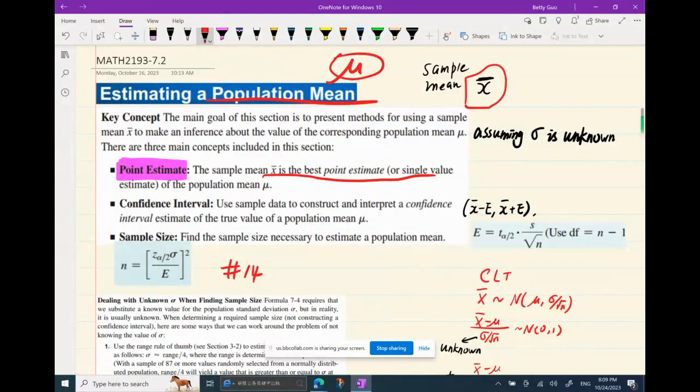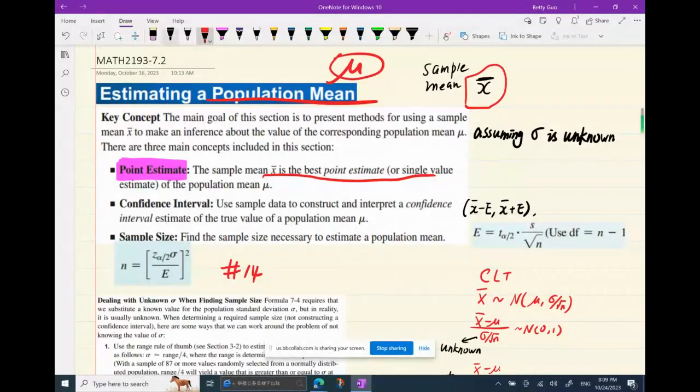If we are about to estimate the value of mu by using one value, then you would have to consider the sample mean. What else could do better than sample mean? Of course, the sample mean, right? That's about it. No more things that we need to cover.